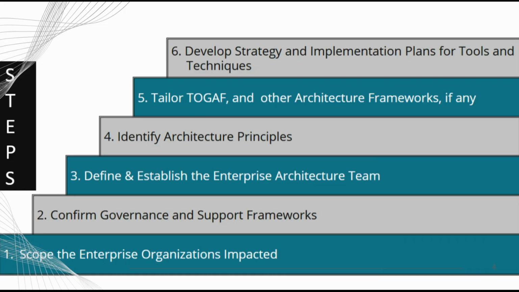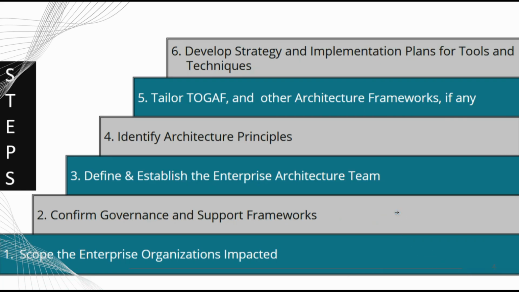Then the continuous support from all the stakeholders for the project to progress and the governance to improve will be established through the enterprise architecture team. And this must happen before architecture work begins.